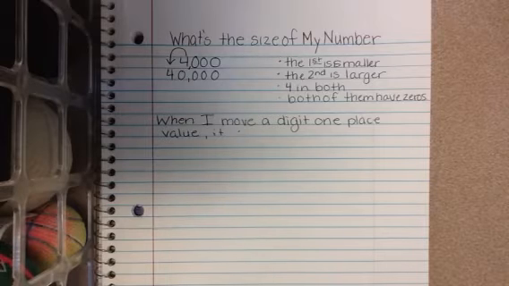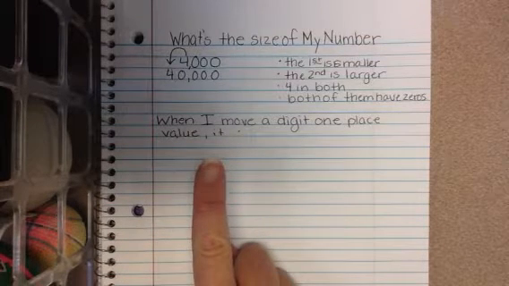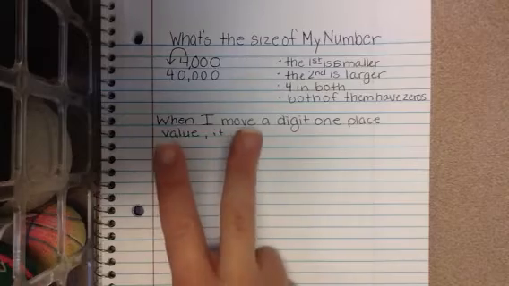How many 4,000s would it take for me to get to 40,000? So I could count up by that. 4,000, another 4,000, 8,000.